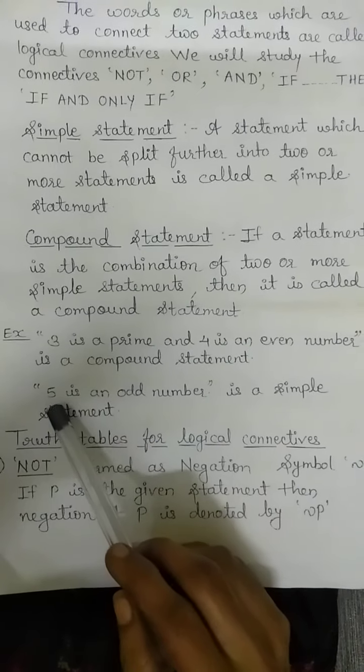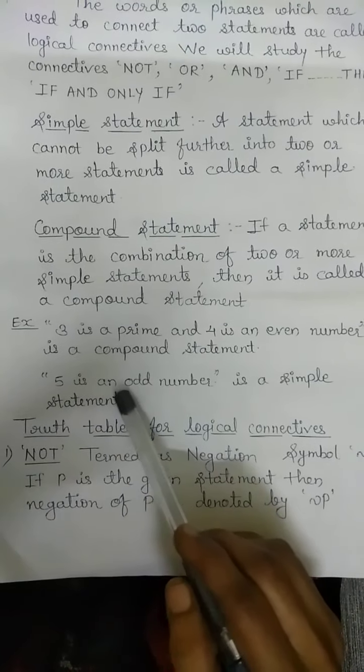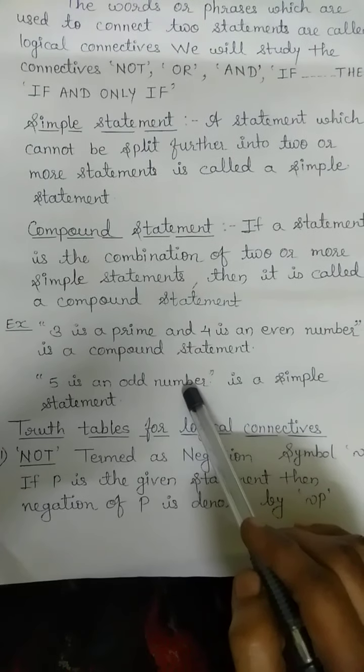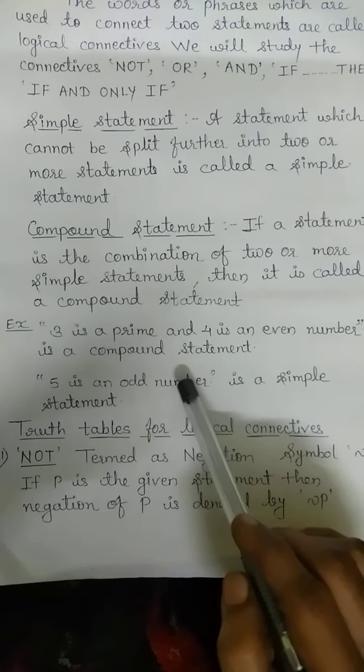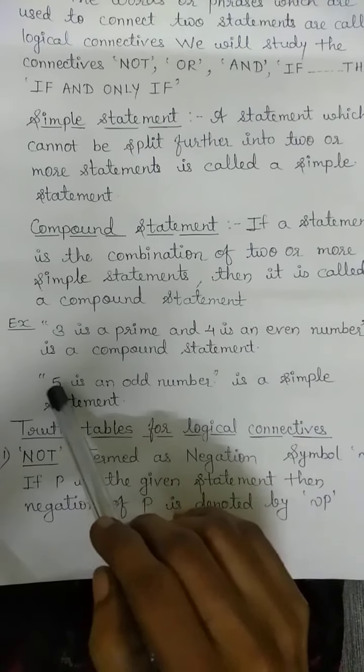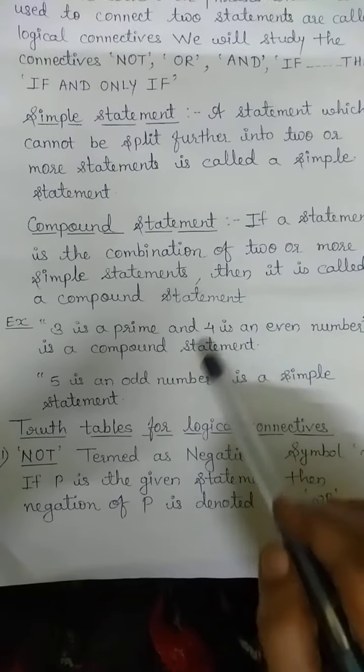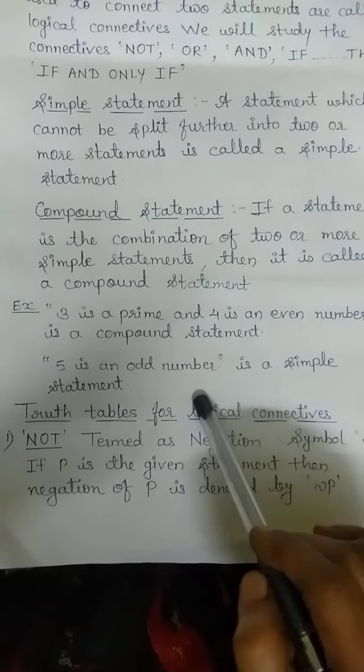Whereas if we consider this example, 5 is an odd number, then here we cannot split this into two or more simple statements. This is only one simple statement, and that is the difference between simple and compound statement.